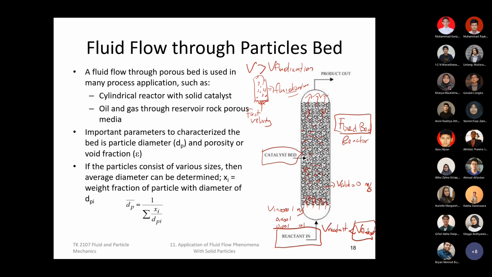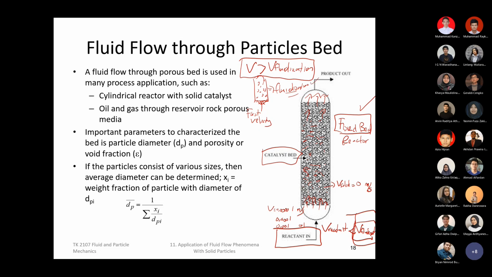So now we have to understand where is the limit. That's the first and most important question. Where is the limit of this fluidization? If I maintain the velocity below those limits, I will get my fixed bed regime. But if I keep increasing and it reaches above the fluidization velocity, then I will reach my fluidization regime.